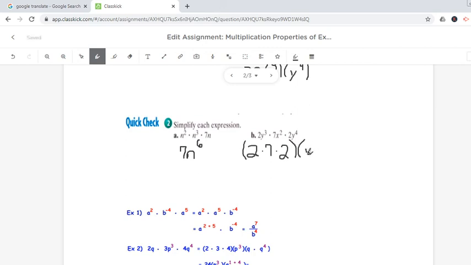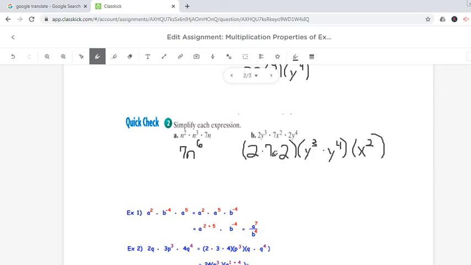So we have y to the third, and we have y to the fourth. And then we have x squared, x squared.